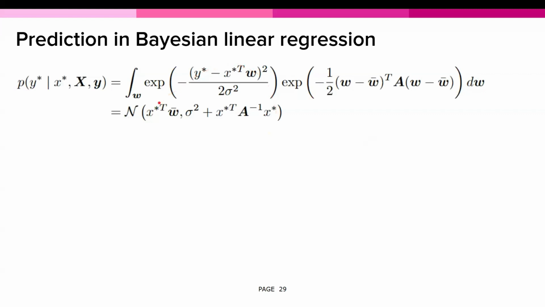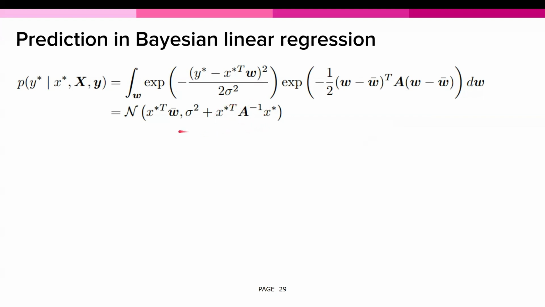And so, by combining the likelihood and the posterior over the weights through this integral, it can be shown that the resulting predictive distribution is itself a Gaussian with a mean equal to x star transpose w bar and a variance that combines the observation noise sigma squared with this additional term that depends on the posterior precision matrix, which accounts for the uncertainty in the weight estimates.